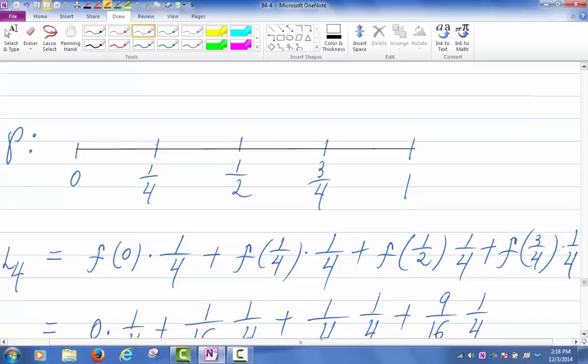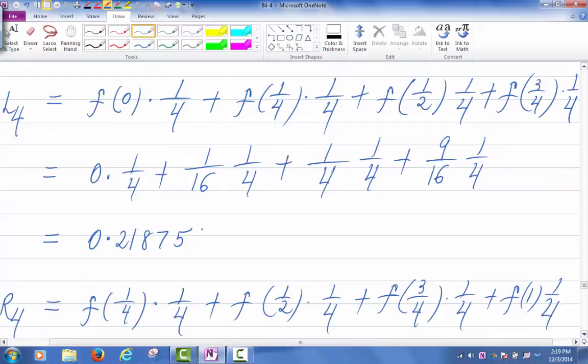Well, once I have written down this, the rest is just arithmetic. So what is f of 0? Remember, f of x is x squared, so f of 0 is 0. What is f of 1/4? 1/16, because it's 1/4 squared. What is f of half? 1/2 squared, which is 1/4.